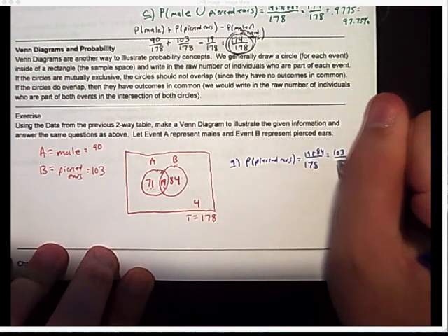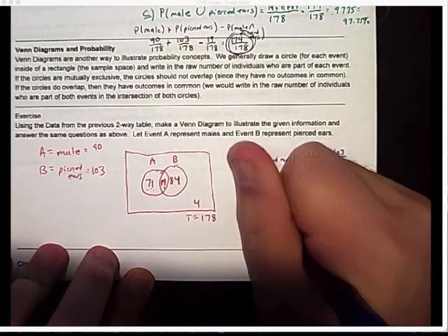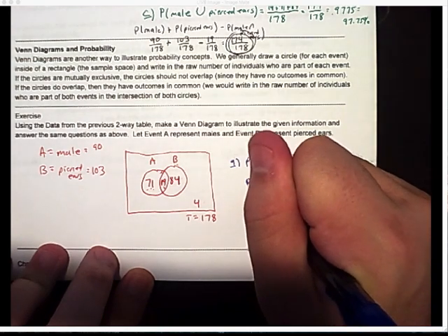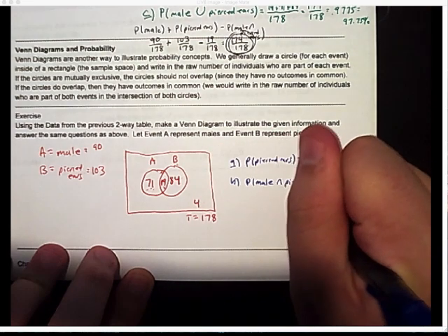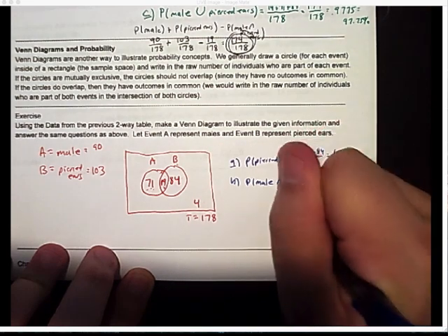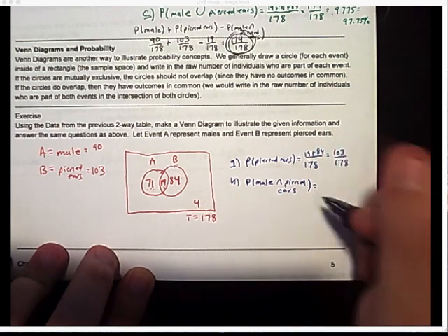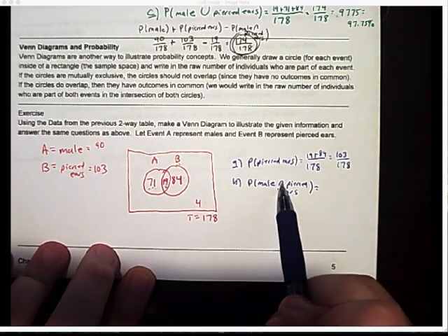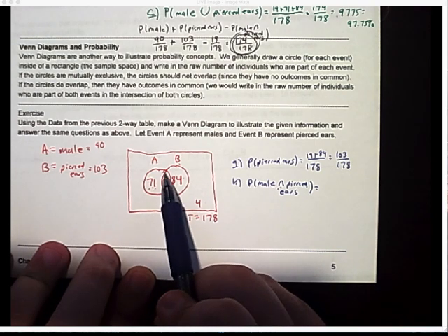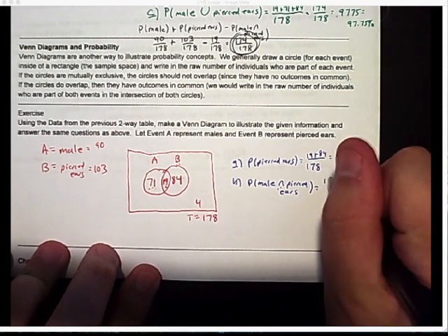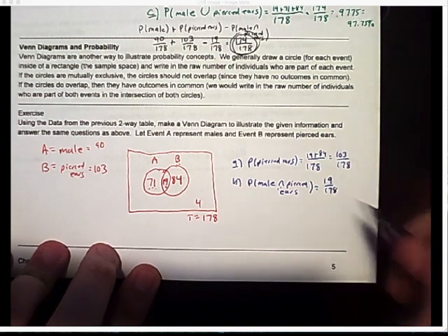So that's 103 out of 178. Probability of male and pierced ears. All right, that's the intersection symbol and, so we're going to look where the circles intersect. So there's 19 there. So that's 19 out of 178.